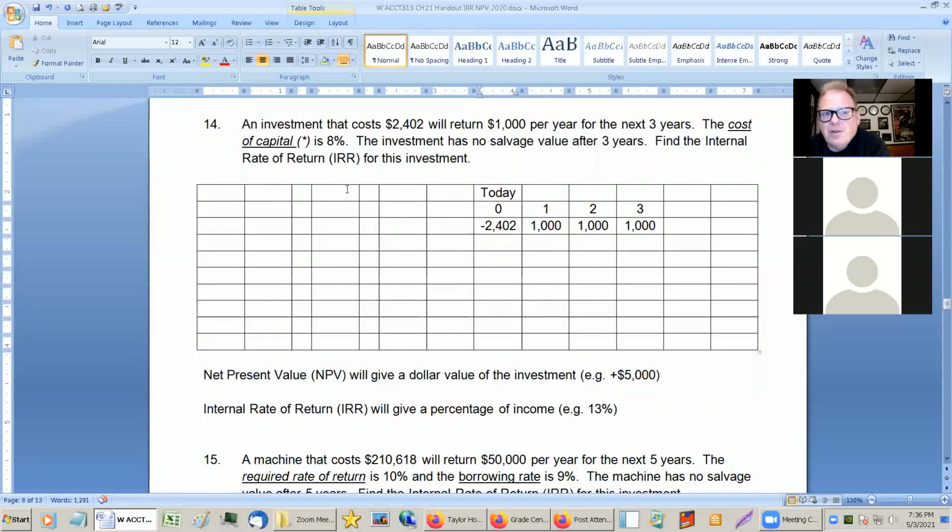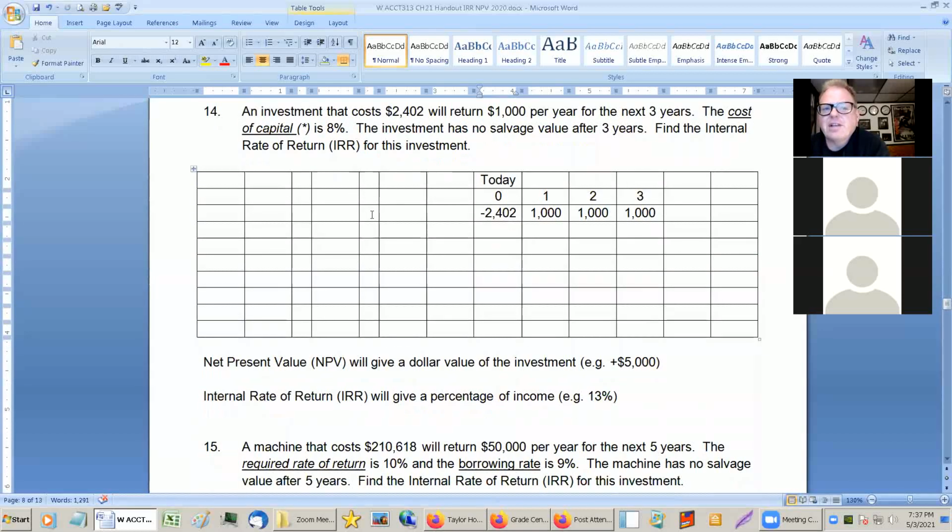Okay, so the internal rate of return is actually a two-step process. And the first step is to figure out what factor we need to find the interest rate. I'll show you what I mean. We have to make this payout equal these payments.